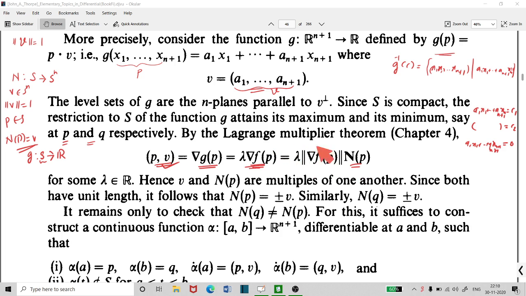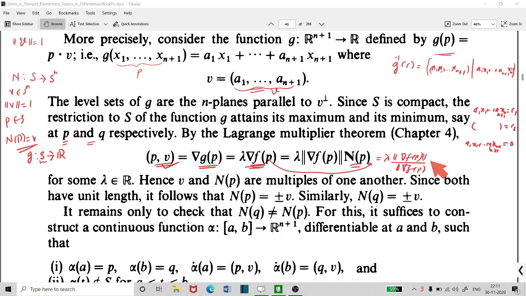And the other thing, one possible way of writing this is: this is equal to lambda times norm del f of p, times del f of p by norm del f of p. This is norm del f of p again.